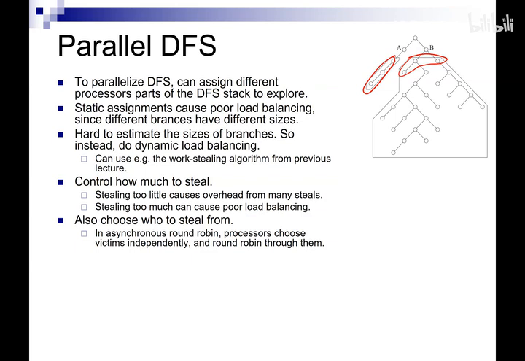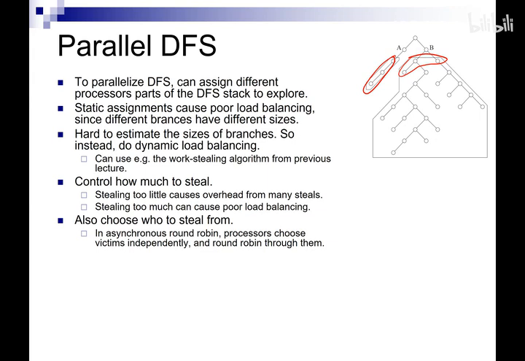And then it's going to round robin through all the potential victim processes. So for example, I choose an initial victim, let's say process 3. If that guy doesn't have any work, or doesn't have enough work, then I just round robin through the other nodes.